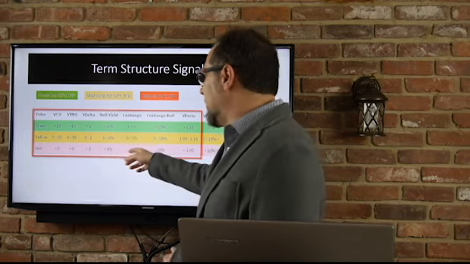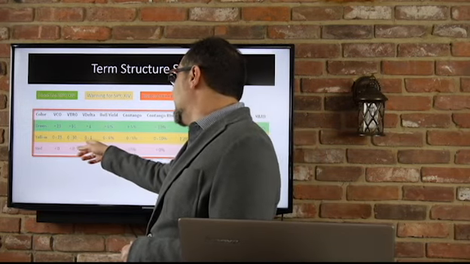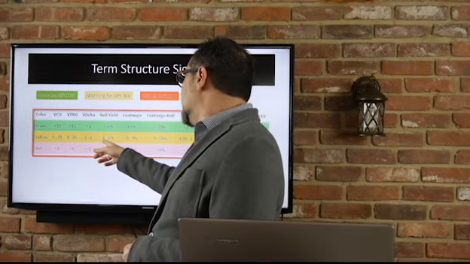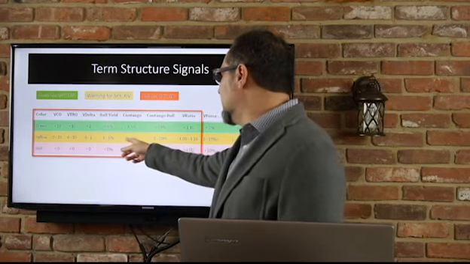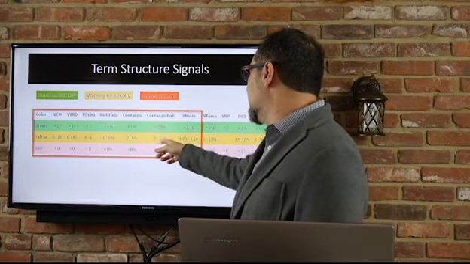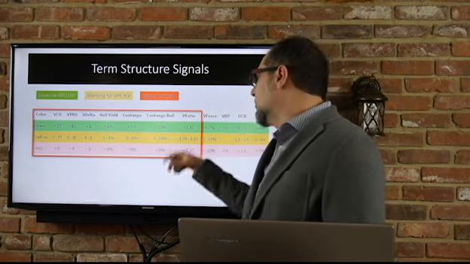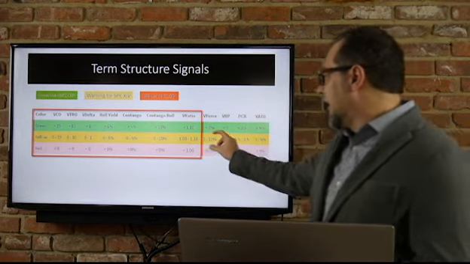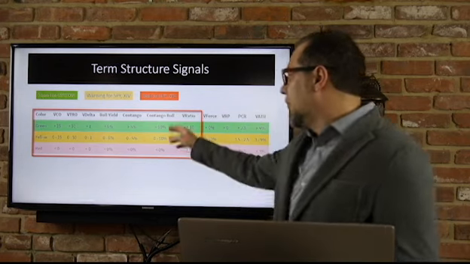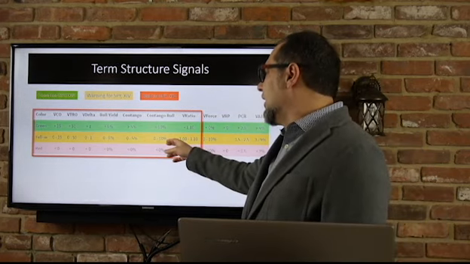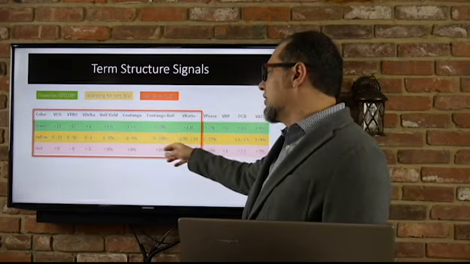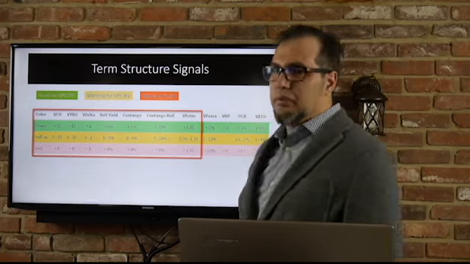The yellow is between 0 and 25, 0 and 50, 0 and 1, 0 and 5% for Raw Yield, 0 and 5% for Contango, 0 and 10% for Contango Roll, and between 1 and 1.1 for V ratio. Again, this is a zone where if you come from green, you need to be selling, and if you come from red and some of the indicators turn yellow, you need to be buying.